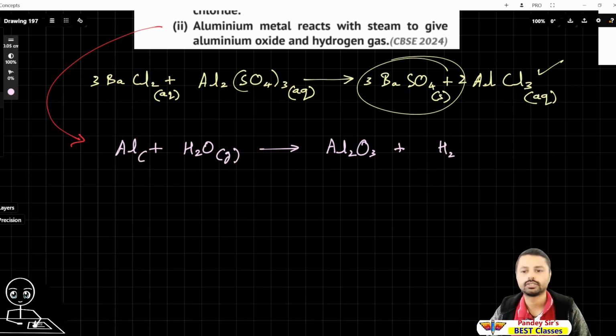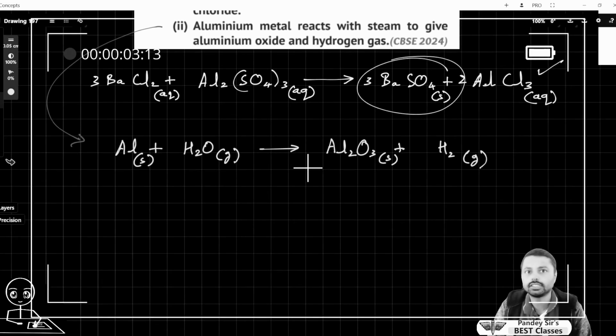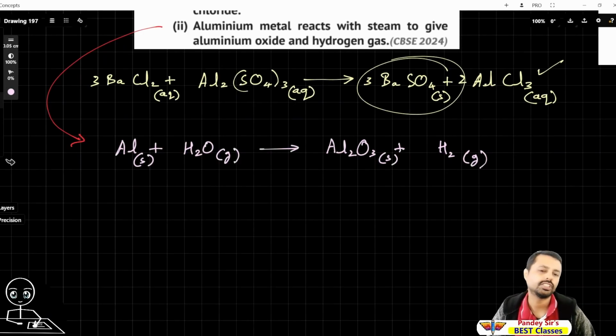Aluminium metal reacts. So this is solid, and this is gas. And H₂O is steam, so it will be in gaseous form. Something is missing.